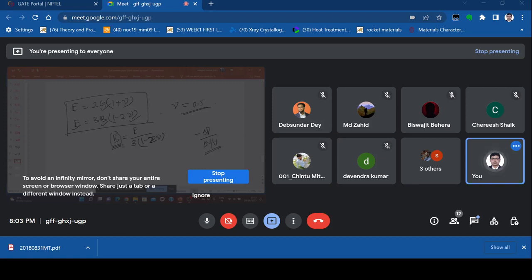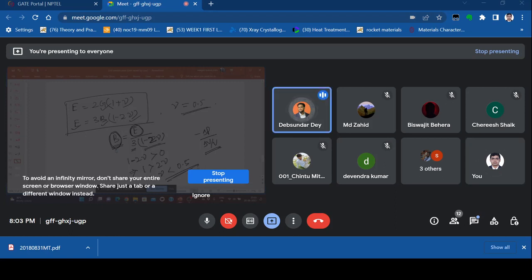So this must be positive always. Young's modulus is already positive. So 1 minus 2 nu must be positive to make this positive. So this must be greater than 0. This means 1 greater than 2 nu. So Poisson's ratio always must be less than 0.5.